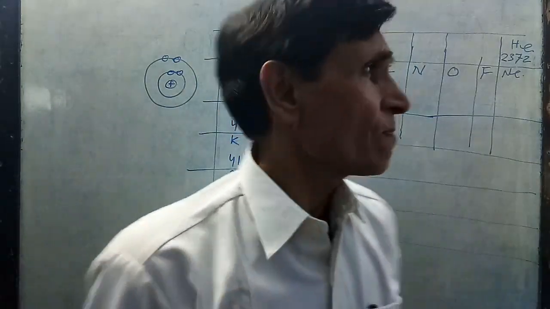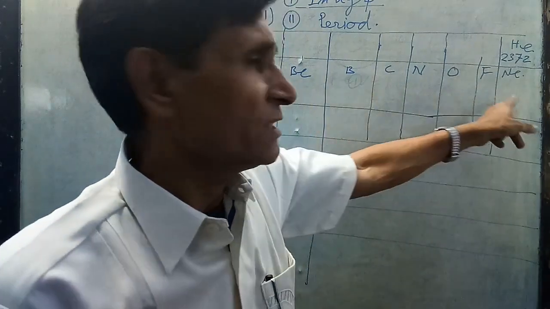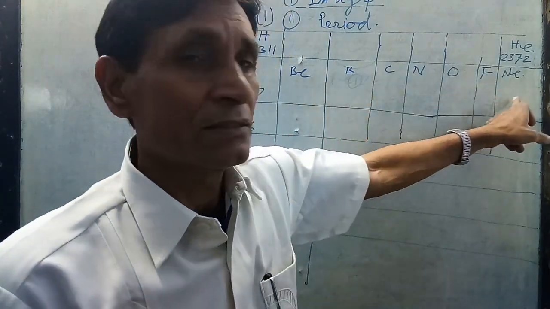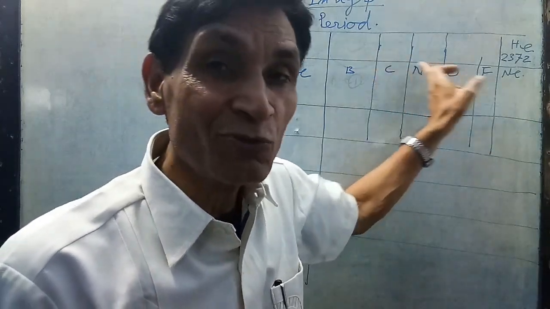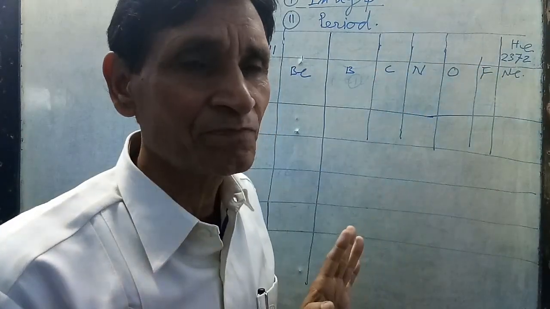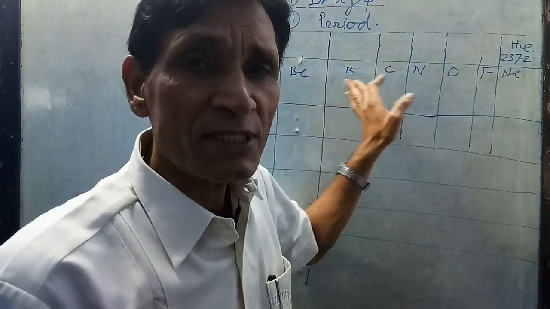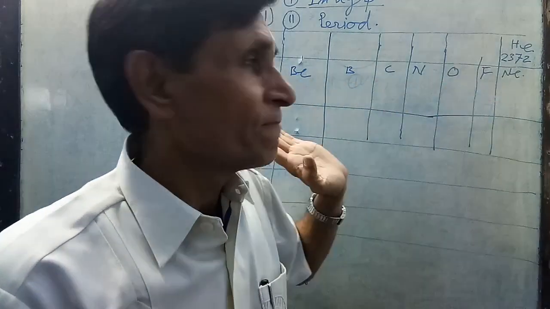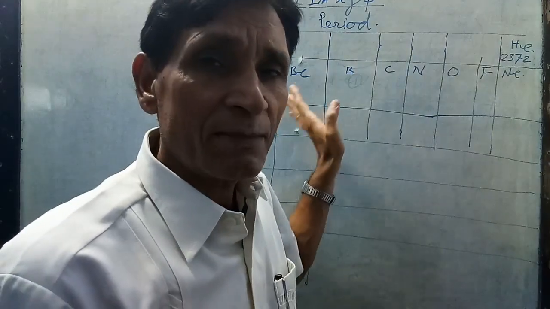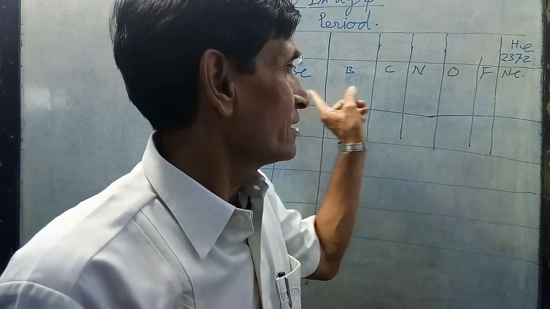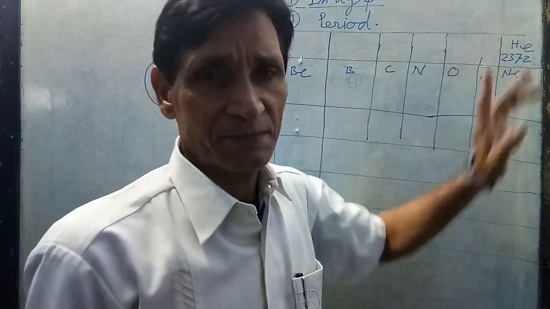In very short form, on moving across a period, effective nuclear charge increases, because the number of shells remains the same and the incoming electron goes into the same shell. So ionization energy is gradually increasing.